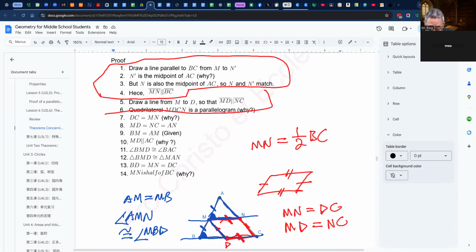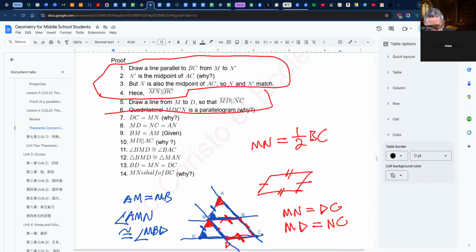So one side and the angle. We just need to find either another side or another angle. Well, we know that this side is parallel to this side. Therefore, this angle and that angle are congruent.